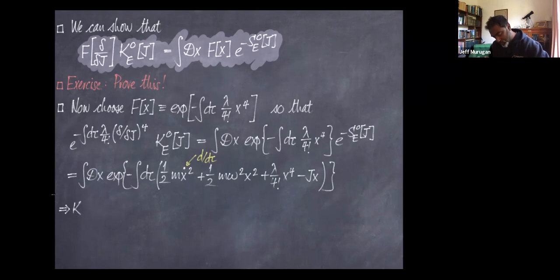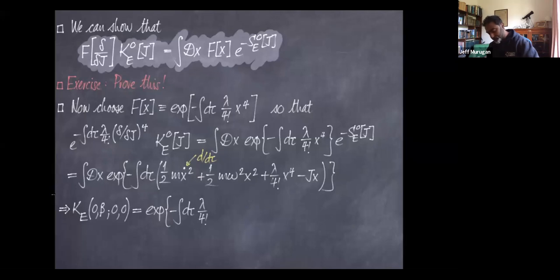So K Euclidean 0, beta, 0, 0 is e to the minus the integral d tau lambda over 4 factorial delta by delta J to the 4, all acting on K_E naught of J, evaluated at J equals 0.